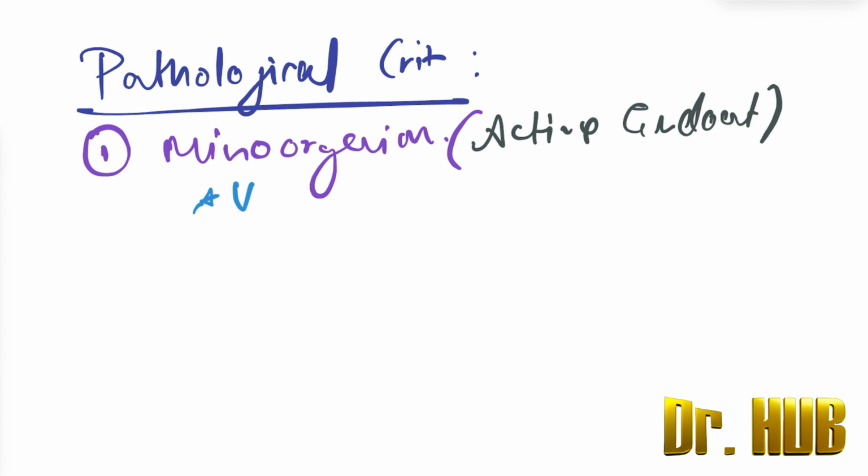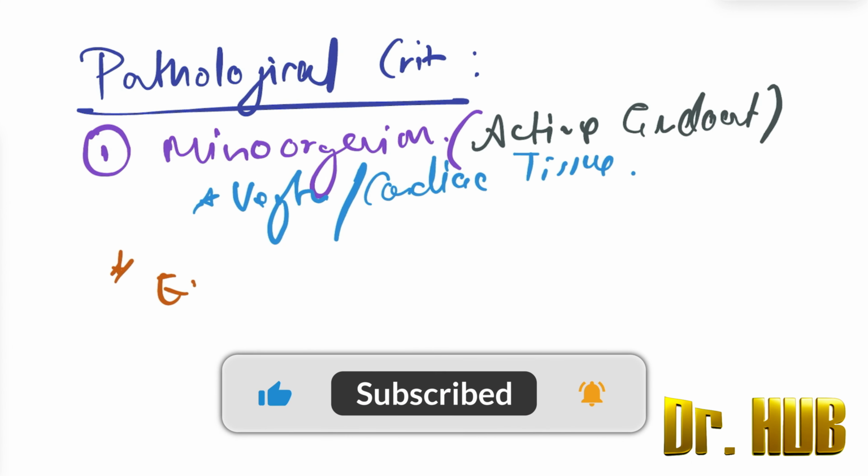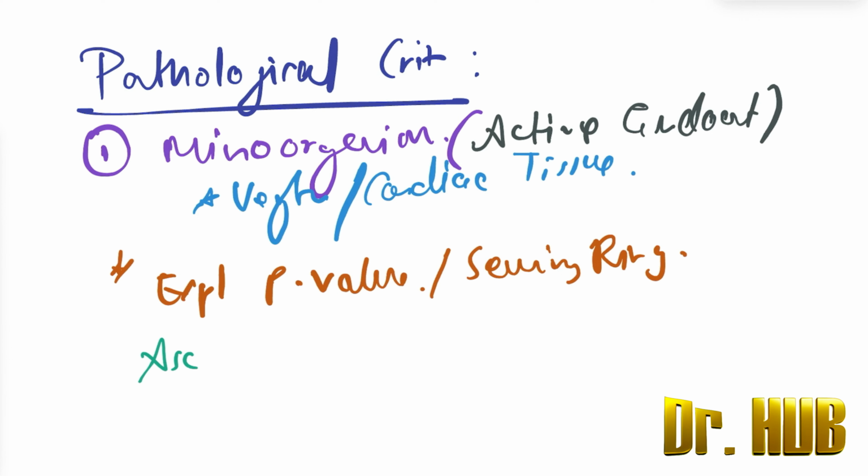It includes the vegetation, the cardiac tissue, an explanted prosthetic valve or a sewing ring, and the ascending aortic graft with the concomitant evidence of the valve involvement.